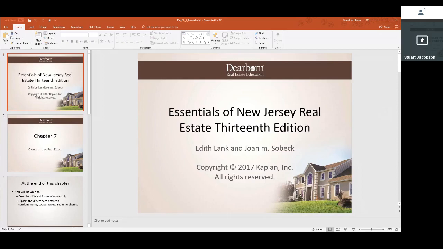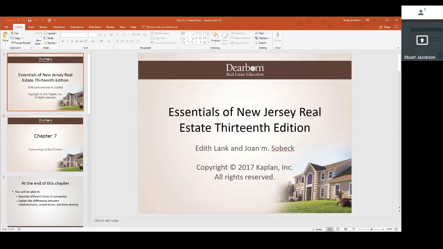Okay? Now, tenancy by the entirety. If we understand joint tenancy, tenancy by the entirety is very simple. Some real estate professionals refer to this as joint tenancy plus unity of the people. Okay? Meaning you have to be married at the time you take title. So all other things have to remain true.